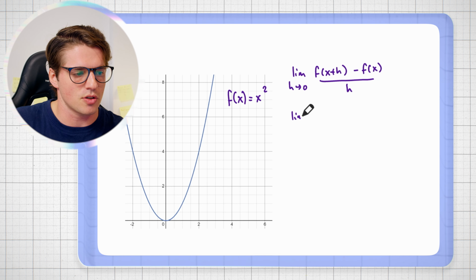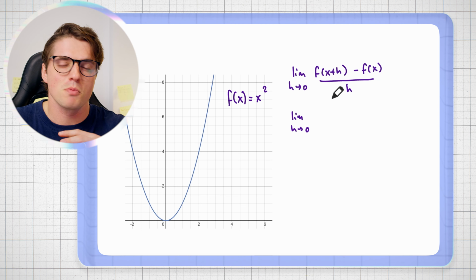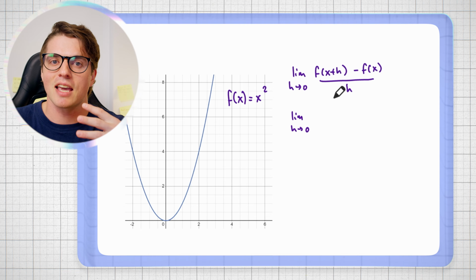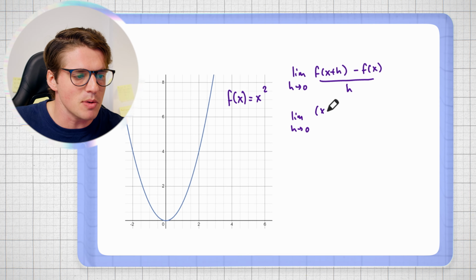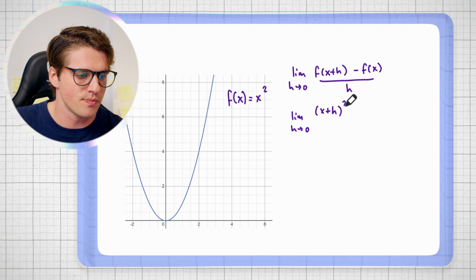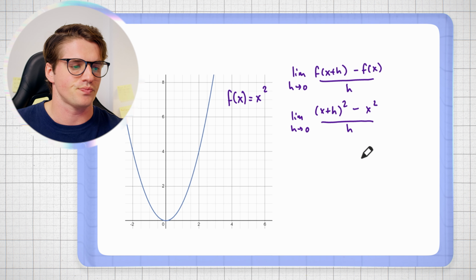Plugging in x plus h, remember this is sort of a composite function, where we're plugging x plus h into x squared. So we need to be conscious that this is x plus h all squared minus x squared over h.